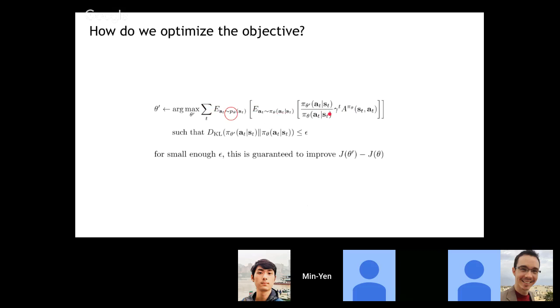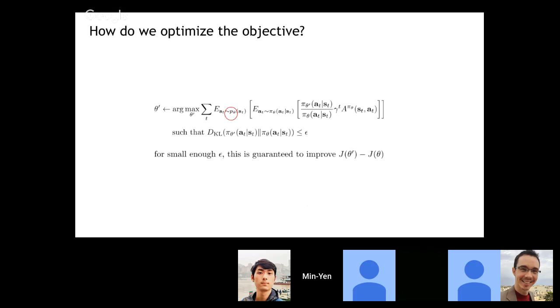But the challenge, he said, is that you can't just throw this into TensorFlow or whatever, because there's actually a constraint. So the challenge is how to fit in the constraint in order to find theta prime.